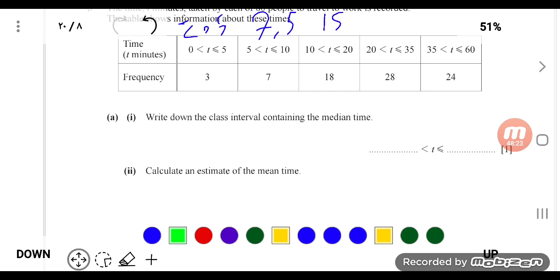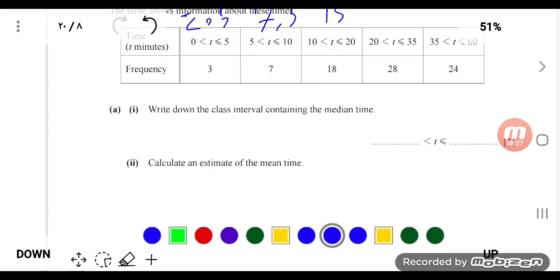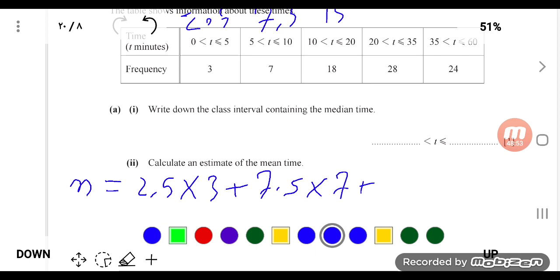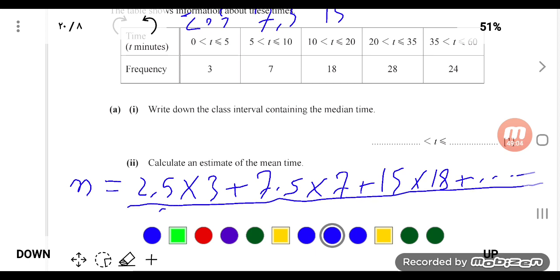So mean equals: first midpoint is 2.5 times frequency, which is 3, plus second midpoint 7.5 times frequency, which is 7, plus third midpoint 15 times frequency, which is 18, plus, and so on, divided by total frequency, which is 3 plus 7 plus 18 plus etc. On the calculator, you get the mean and you take 4 marks.